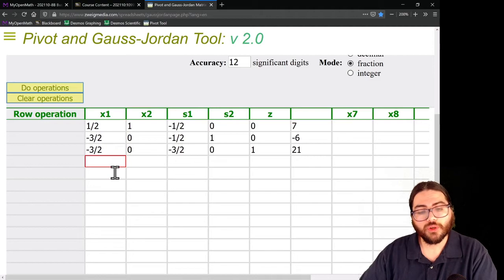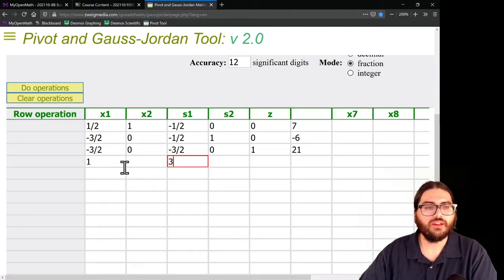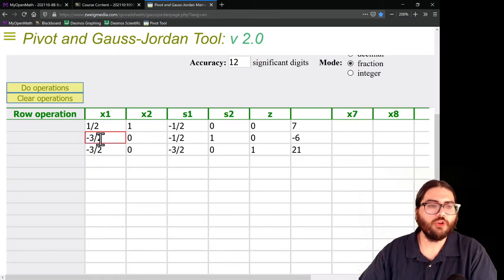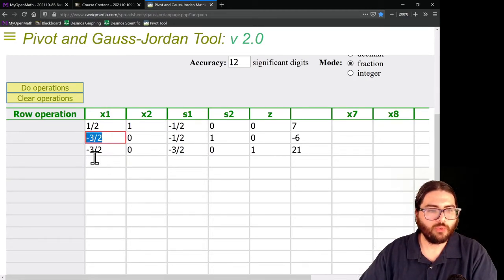This ratio would be 1. This ratio would be 3. So I choose this column, the smallest positive ratio, which tells me my new pivot should go right here. My entering variable is x1. My exiting variable is S2. That's where the pivot is that's about to be destroyed.